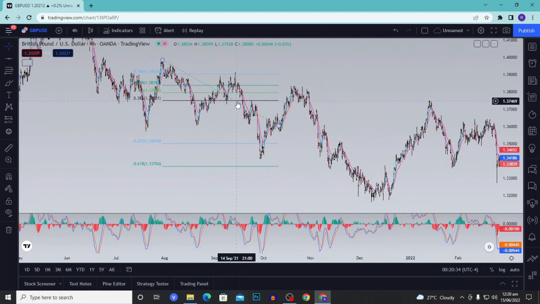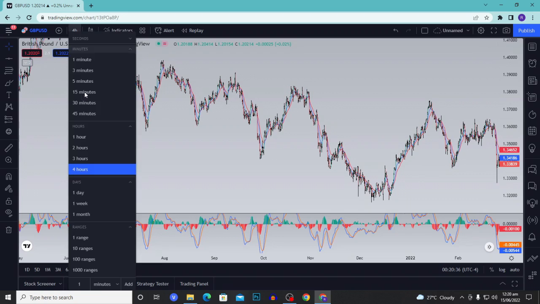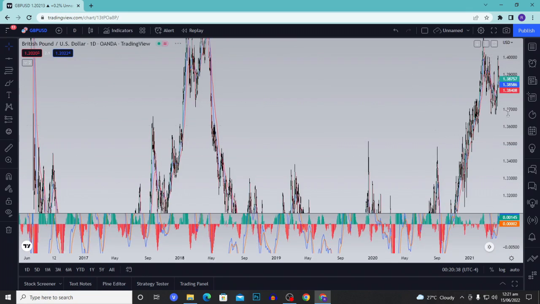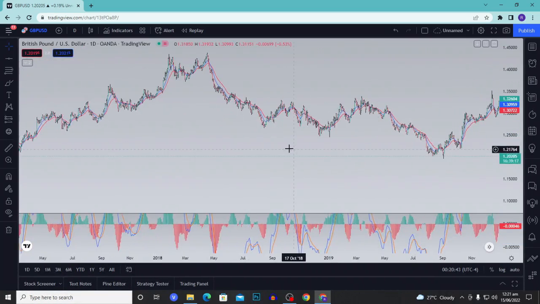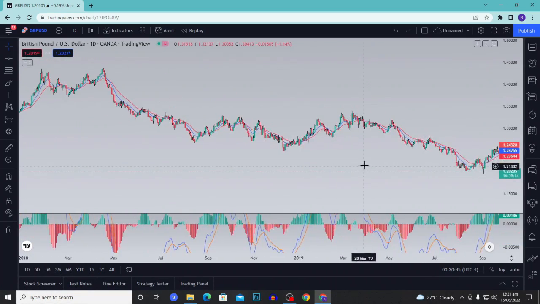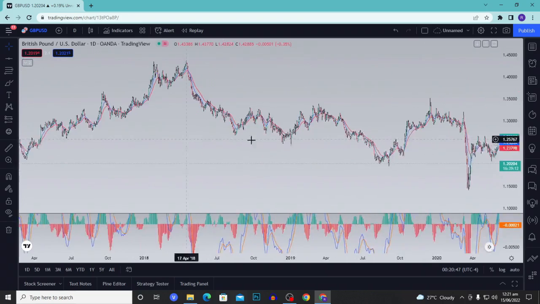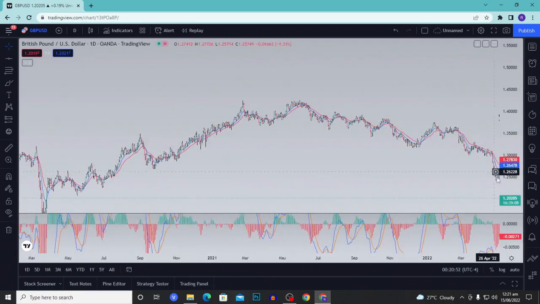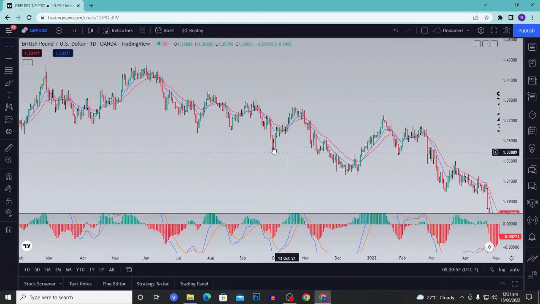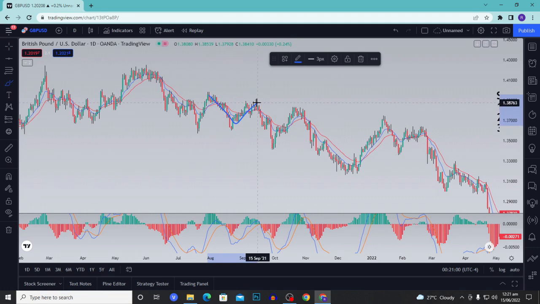Let's look for another example. Go to the daily time frame. Where was I? I was here. Okay. We just did this move right here.